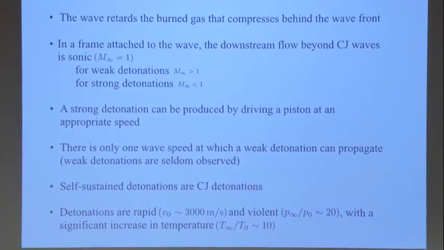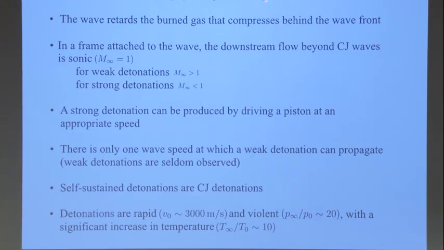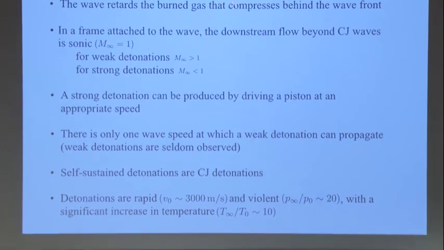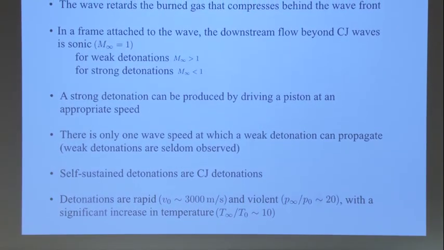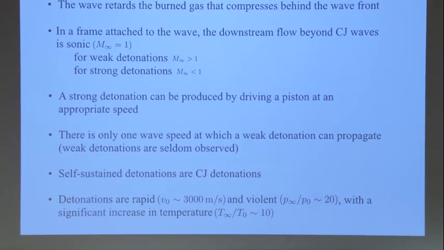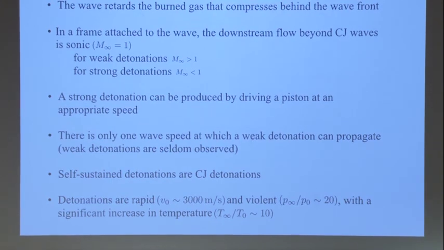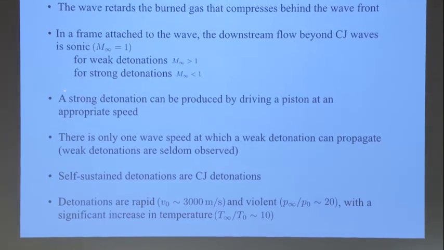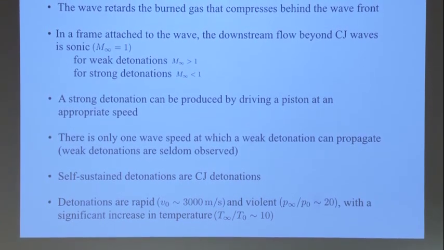Detonations, they are compression waves. They propagate supersonically. The wave retards the burned gas that is compressed and follows the wave, but at a slower speed. The Chapman-Jouguet conditions were discussed already. You have the possibility of strong and weak detonation.